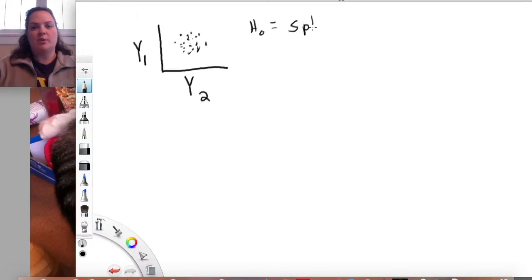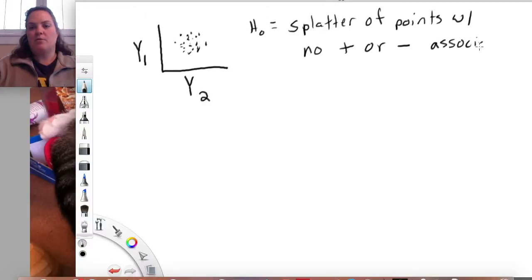So null is a splatter of points with no positive or negative association. Okay, and we also talked about R, our correlation coefficient, being our test statistic. So another way to state our null is that R equals 0.